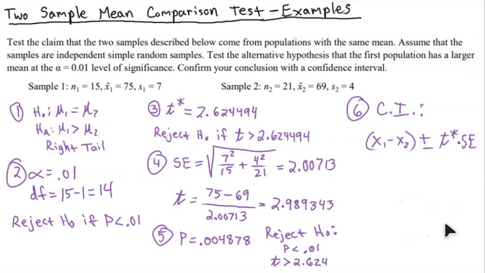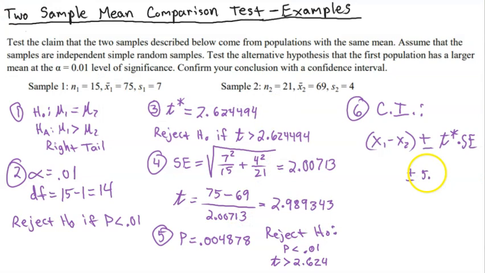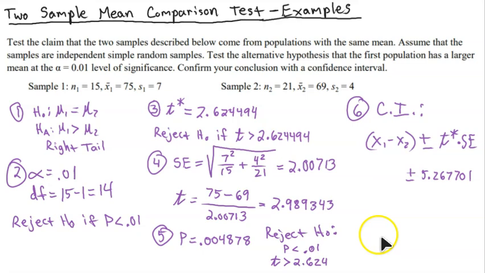5.267701. Okay, so we're gonna wind up doing plus or minus 5.267701. Now we just have to do x1 minus x2. Well, we already have that. I think x1 was 75, x2 was 69, so the difference is 6. So it's going to be 6 plus or minus 5.267701.